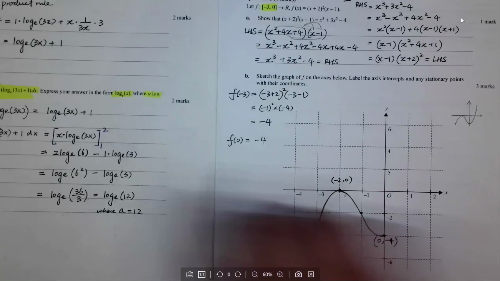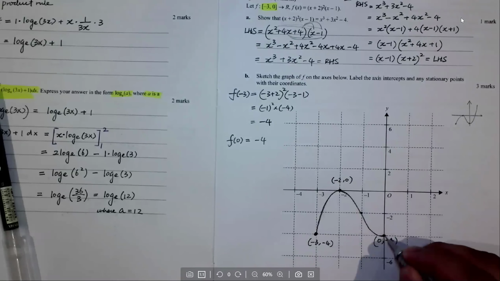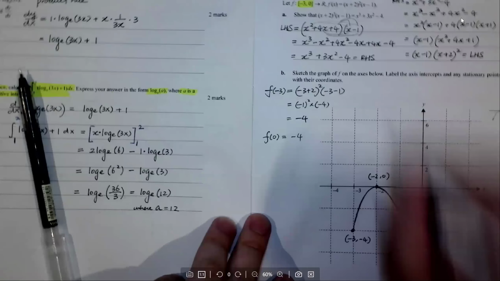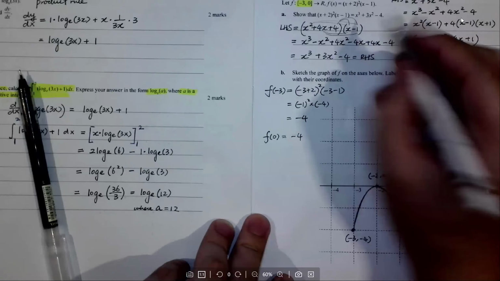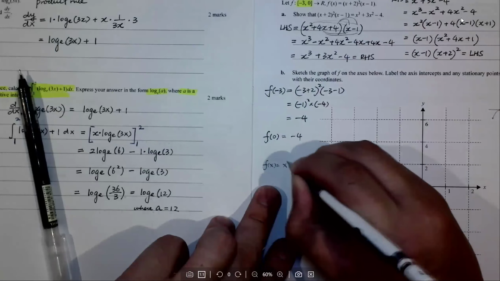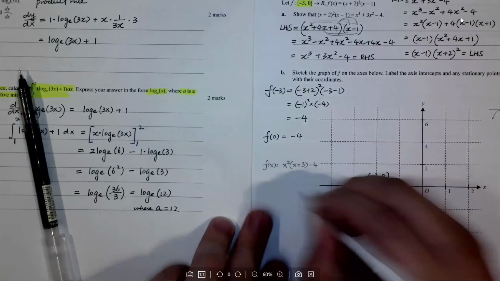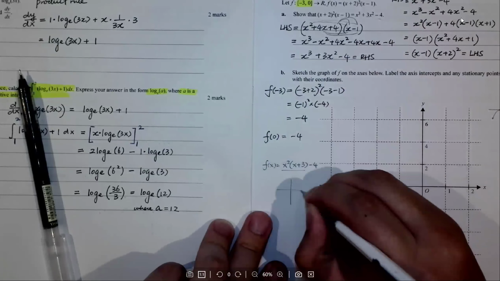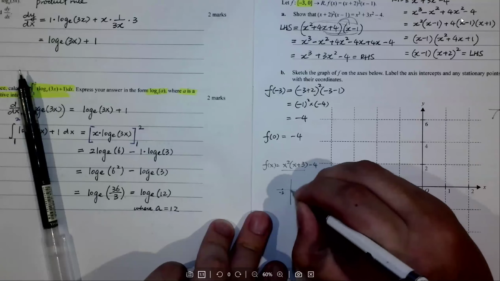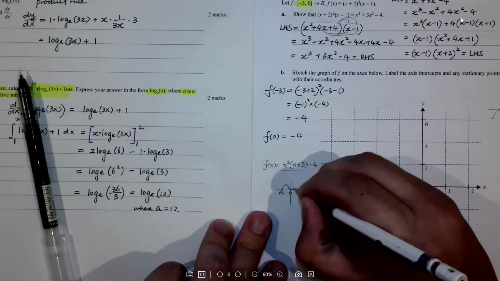Just a few things to note, and you need to make sure this one looks like a half turning point, because one way you could recognize this is from the expanded form, like the expanded form f of x. If you take out an x squared, you get x plus 3 and a minus 4. If you just look at this part, so this is minus 3, this is 0. So you may get something like this, okay?